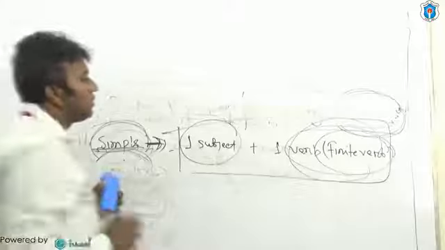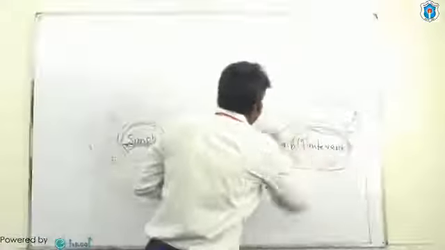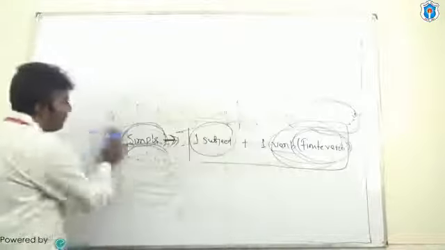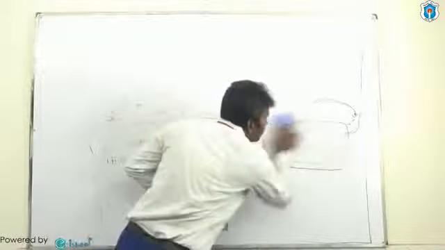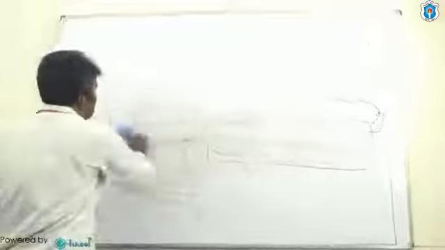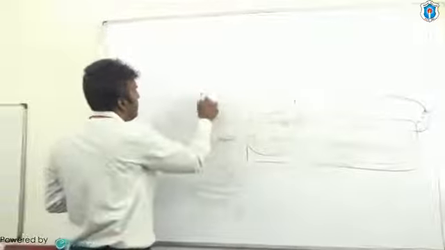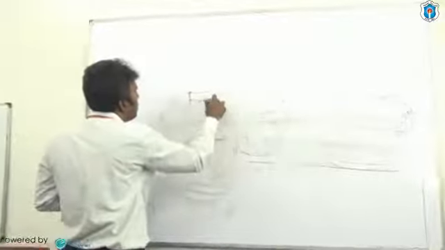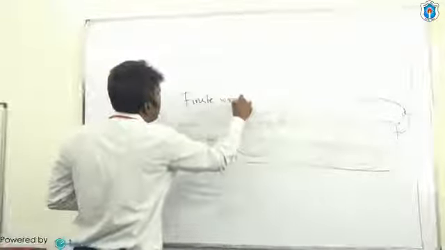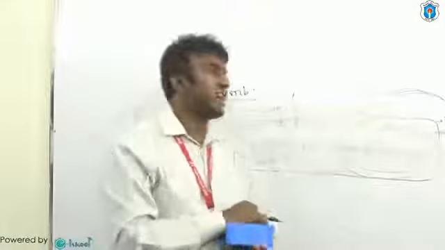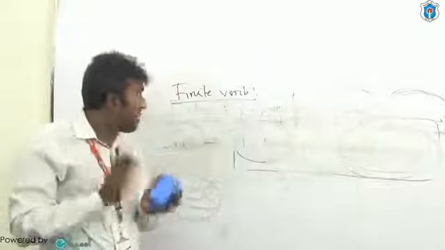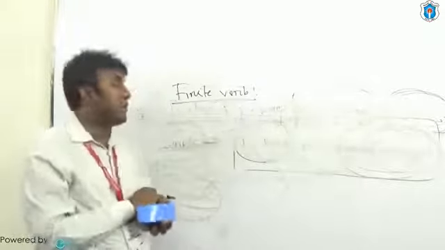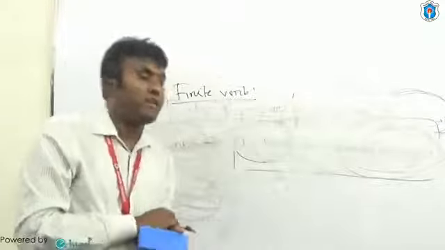Now, we have to learn finite verb. What is a finite verb? In Bengali, বাংলাতে finite verb এর অর্থ হচ্ছে সমাপিকা ক্রিয়া। Students, বাংলাতে finite verb এর অর্থ হচ্ছে সমাপিকা ক্রিয়া। সমাপিকা ক্রিয়া কি? That is, what is finite verb?